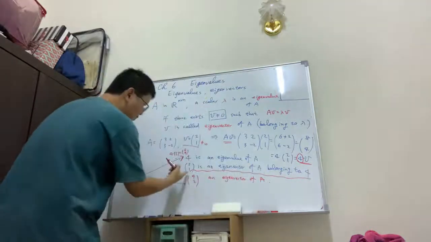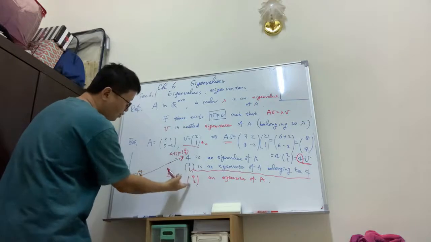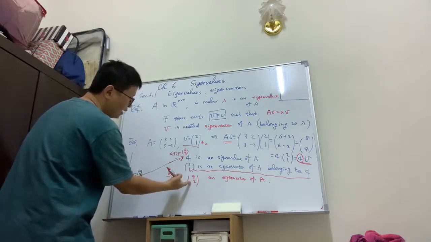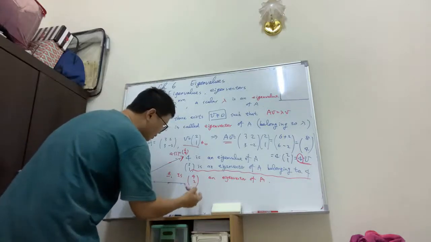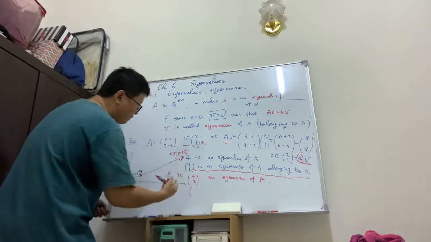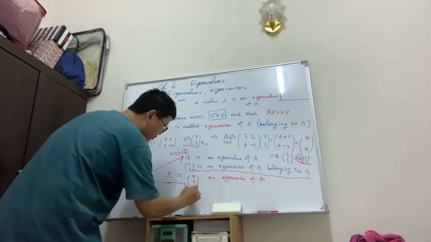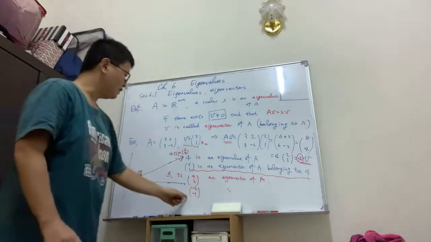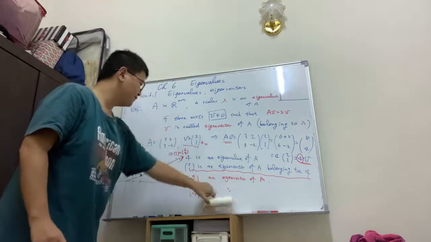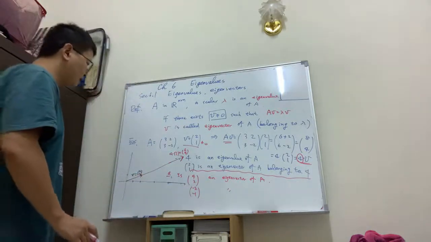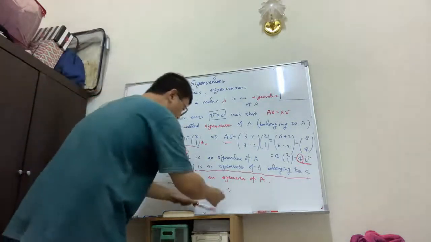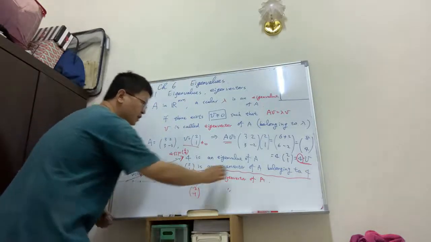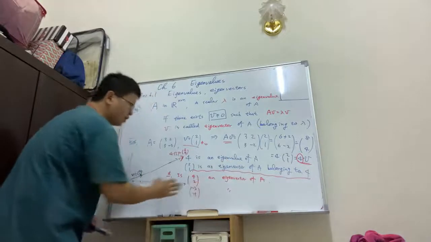The vector (4, 2) and the vector (2, 1), we just multiply by 2 to get this one. If we multiply by -1, how about (-2, -1)? Is it also an eigenvector of A? And it's true. If it's an eigenvector of A belonging to the eigenvalue 4, it's also an eigenvector.